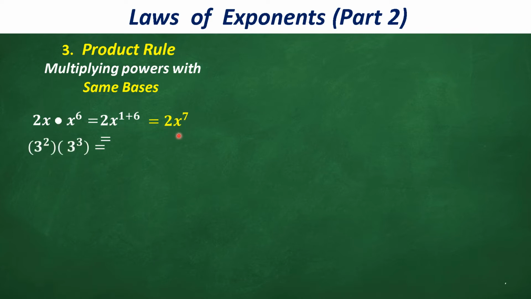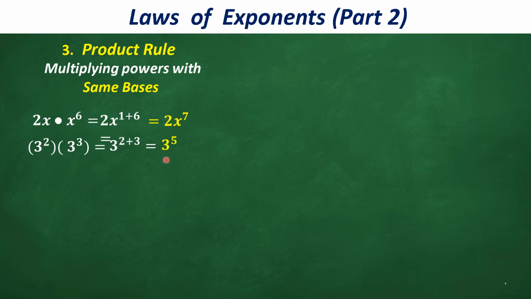Another example, if we have 3 squared multiplied with 3 raised to the 3rd power. Again, ang multiplication symbol ay pwede rin na parenthesis aside from the decimal. Okay, so let us have the same base, the same ang kanilang bases which is 3. So copy the base. And then add their exponents. 2 plus 3 is equal to 3 to the 5th power.